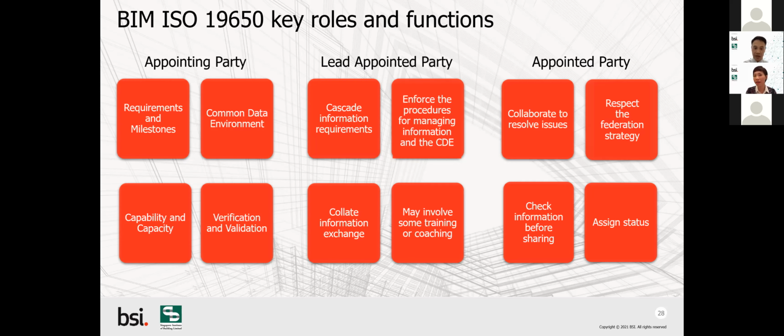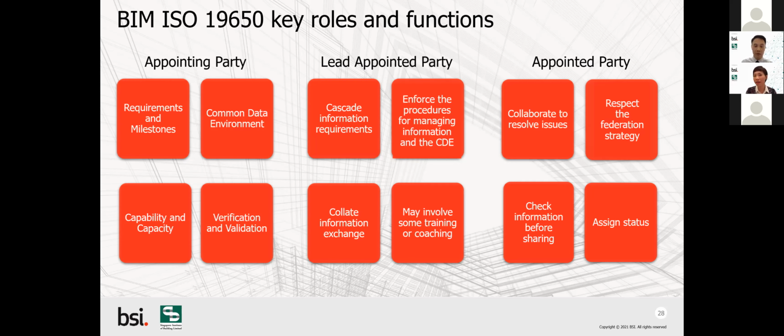Next, they have to establish the CDE, the common data environment. They have to make sure it's there and expect everyone to use it. Last but not least, at critical stages, they must be there for verification and validation matters.